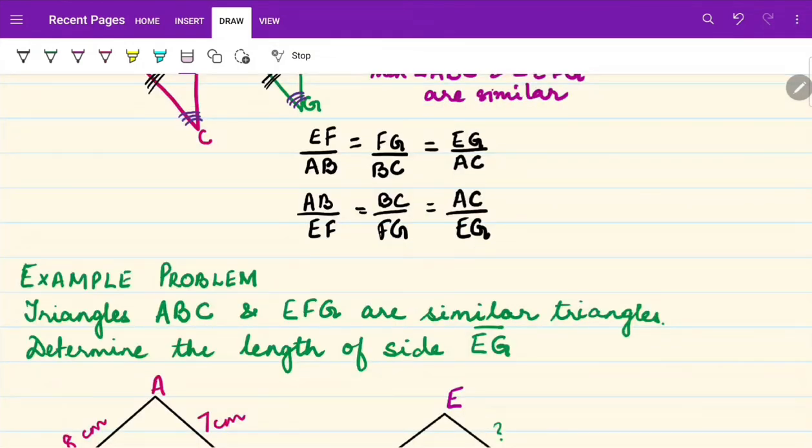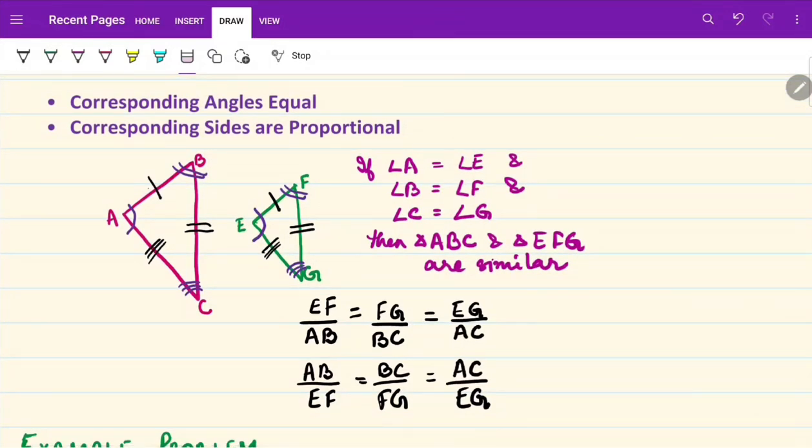We will now work on an example problem that will apply the properties of similar figures. Previously, when I was explaining the properties, I was using triangles as examples. However, these properties apply not only to triangles, but to any polygonal figure where the corresponding angles are equal.